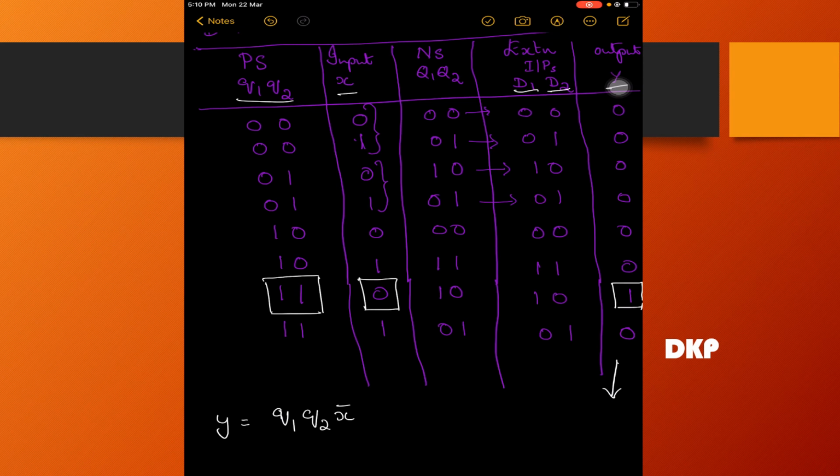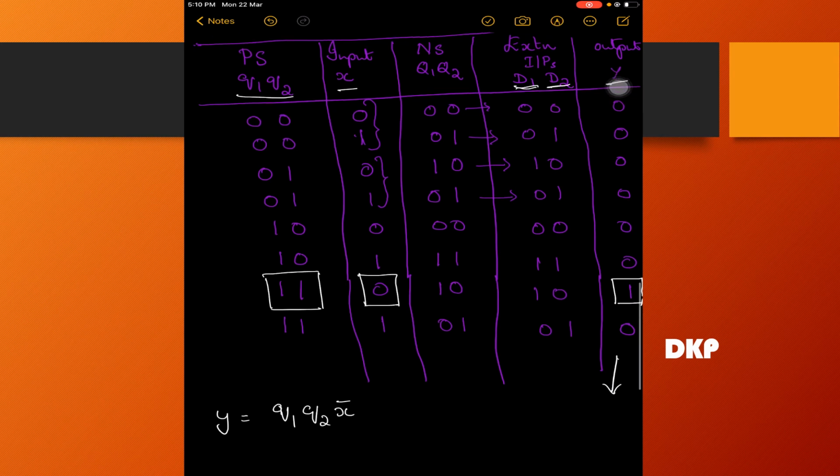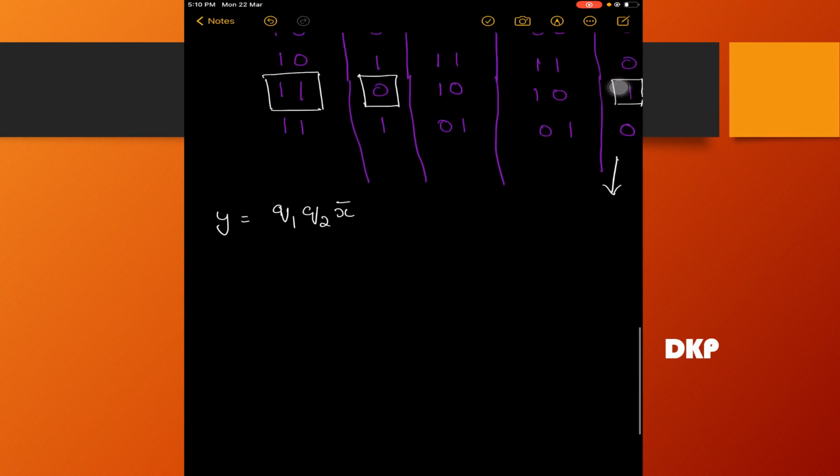Now, you have to find the reduced expression for D1 and D2 separately. For that, we have to draw a K-map for D1 and D2 separately.